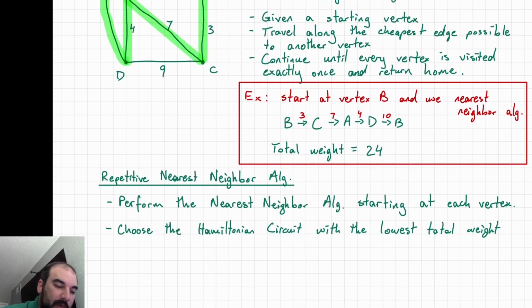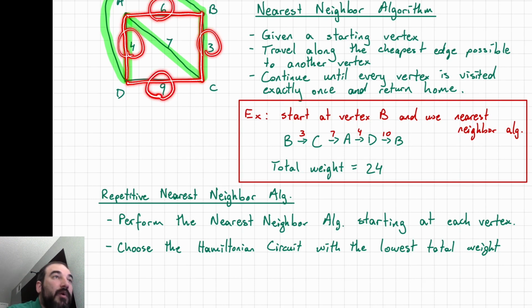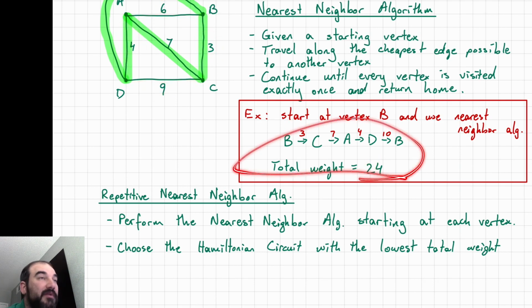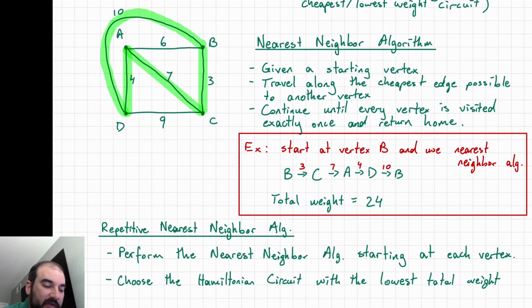Right? When I just talked about starting at D, we saw that we would go D to A to B to C and back to D. That has a total weight of 22. So we see that that's actually a better version of this previous Hamiltonian circuit. If we started at A, we might have a different total weight. If we start at C, we might have a different total weight.